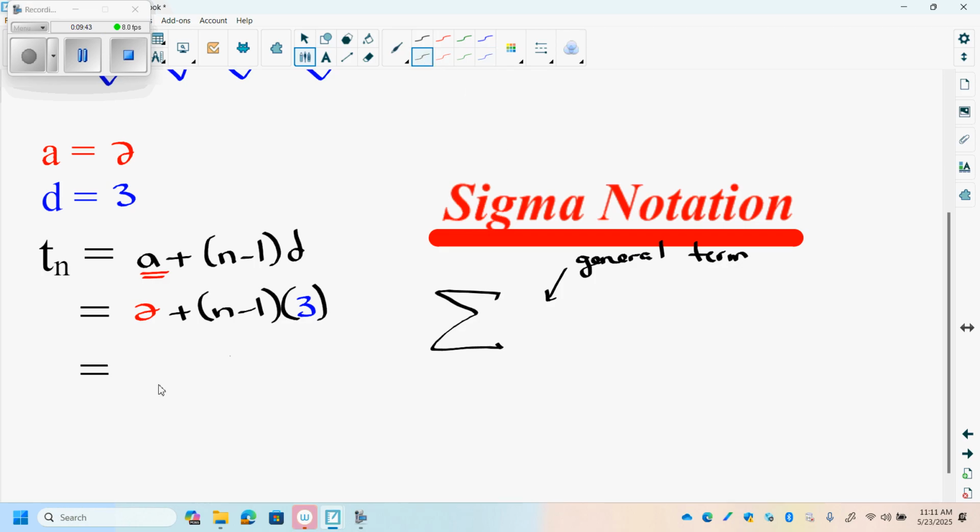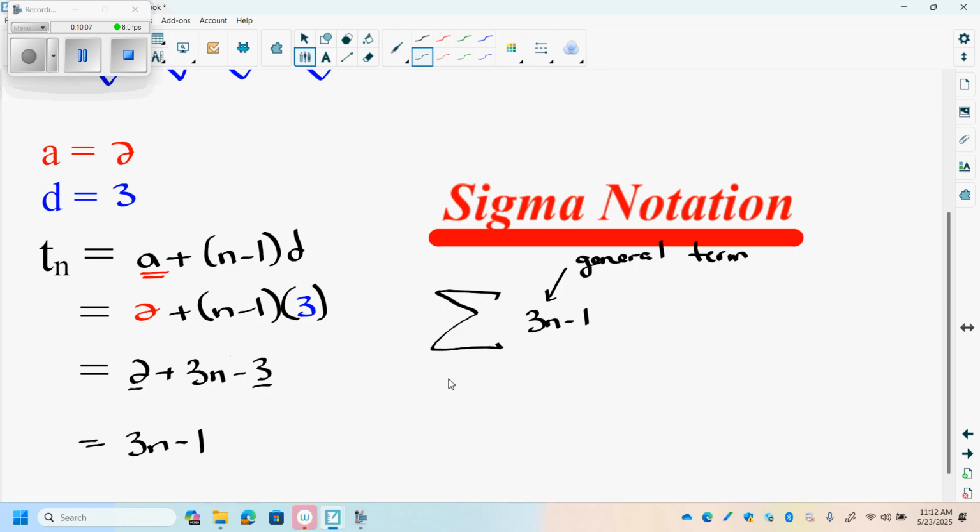So this is going to say 2 plus, what's n times 3? And what's negative 1 times 3? When I group my like terms, I end up with the following formula: 3n subtract 1. So that's what I'd put over here on the right.